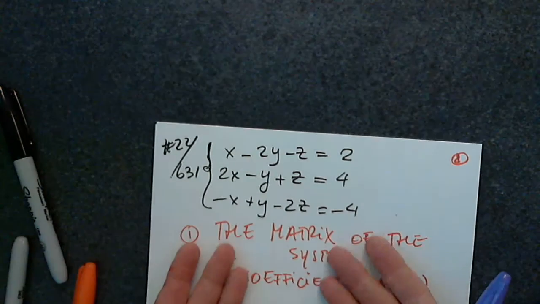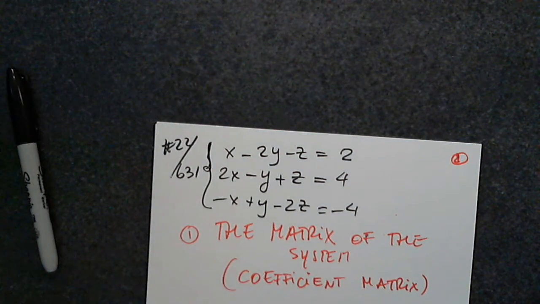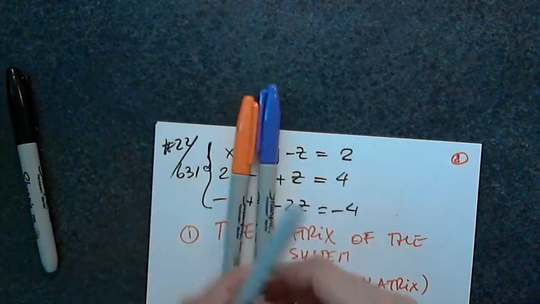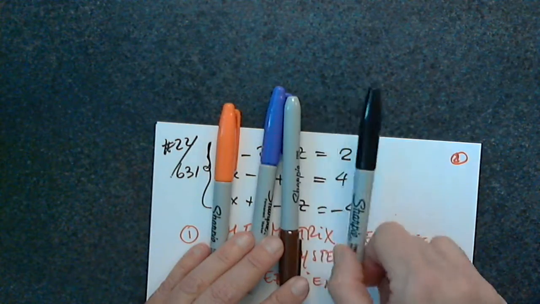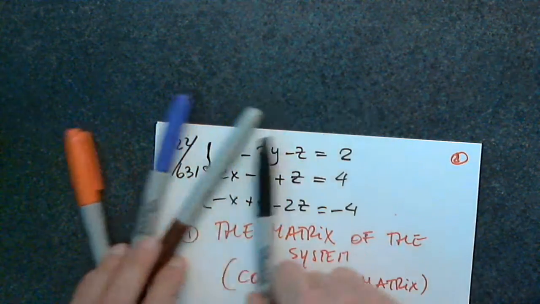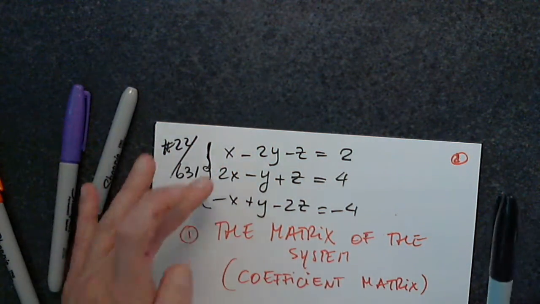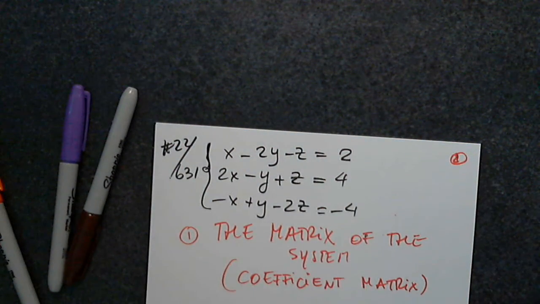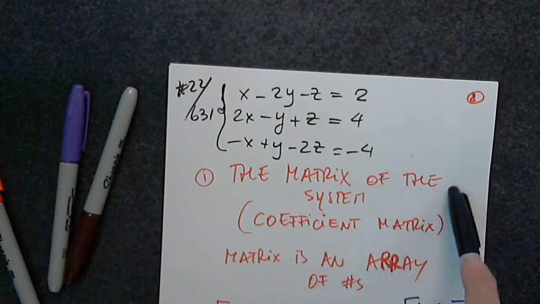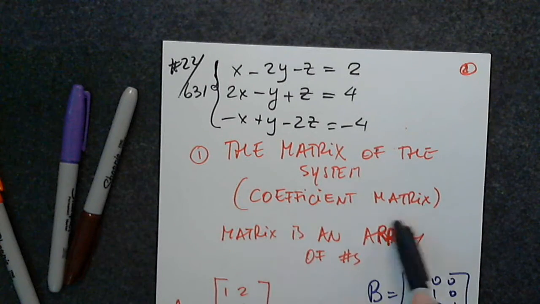When I look at this system, a few things have to happen. X below X, Y below Y, equal symbol below the equal symbol, free term below free term. The setting has to be this way: all X's, all Y's, all Z's, equal symbol, free term. Now I'm ready to present the coefficient matrix.